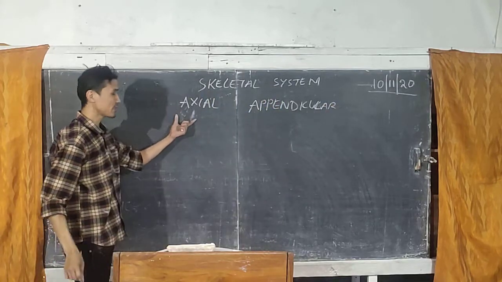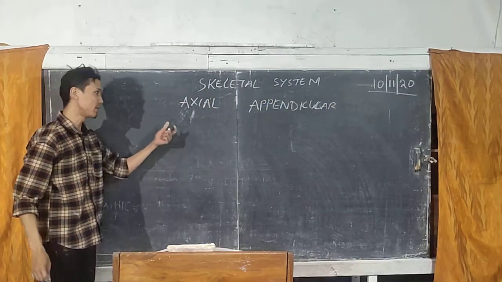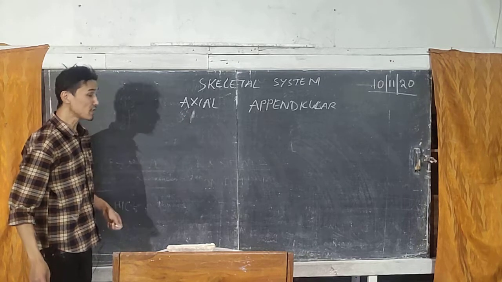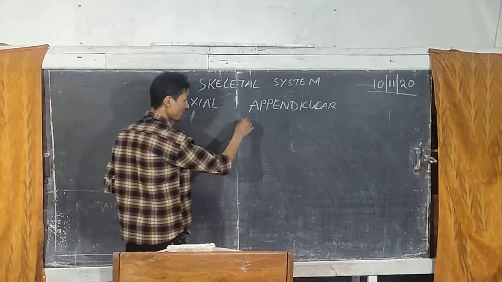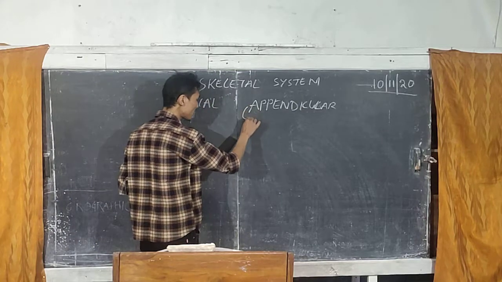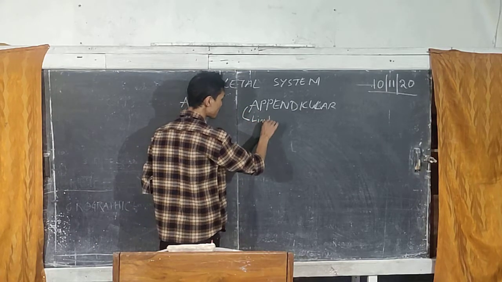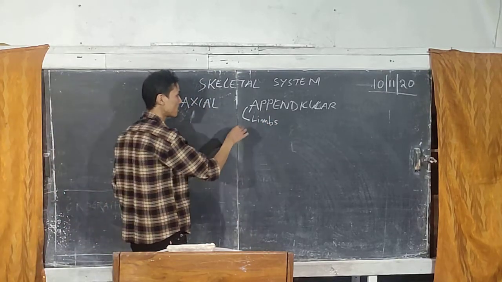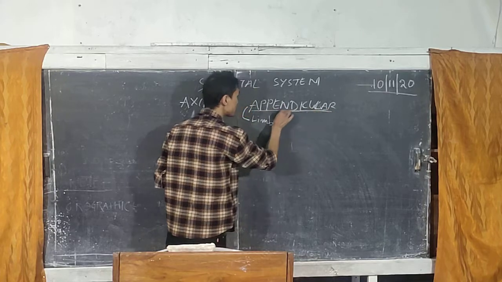Axial skeleton basically forms the main framework. It includes the skull, the vertebra, the ribs and the backbones. Whereas the appendicular includes the skeleton of the limbs, that means your hands and legs. So today we will be discussing about appendicular skeleton.